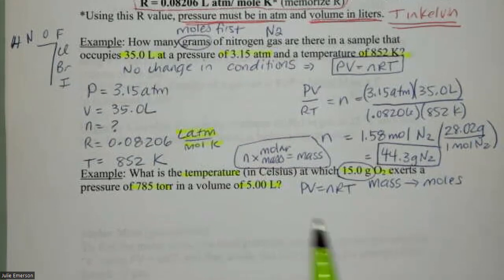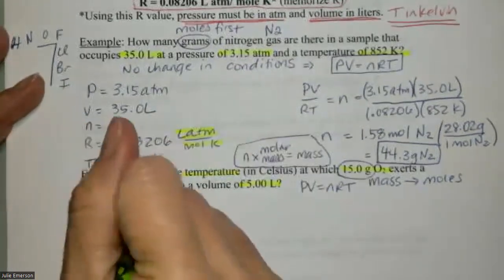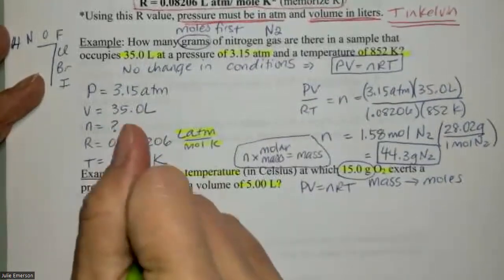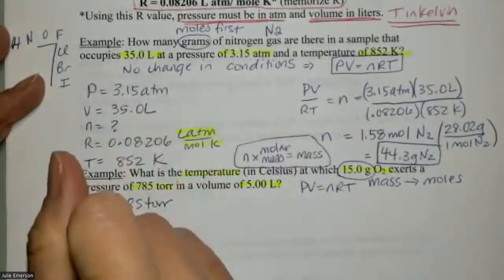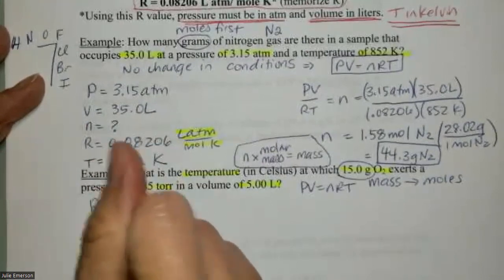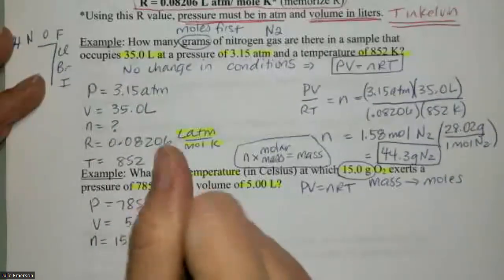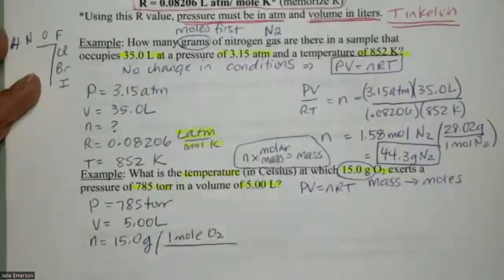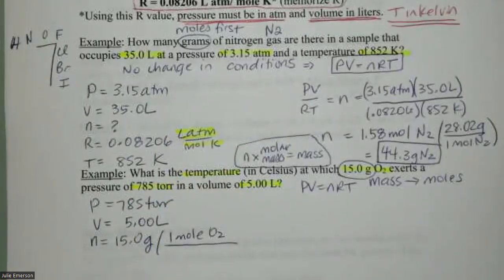All right, so I've got pressure of 785 torr, volume of 5.00 liters, n is 15.0 grams, but we need to change that to moles using molar mass. Oxygen, again, one of the diatomics, part of the Hofbrinkel.